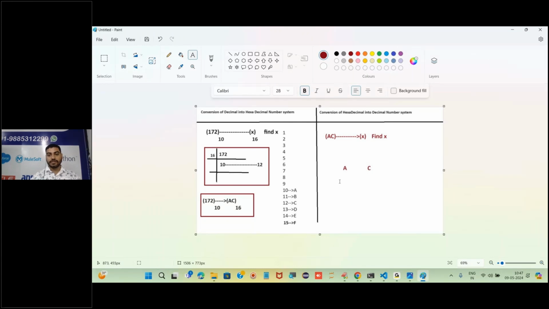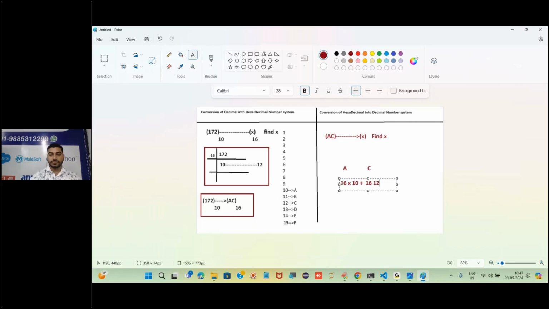A. Now, tell me what is the base? 16. 16 multiplied with what? A is what? A is 10. Next plus 16 multiplied with C. C is what? 12.